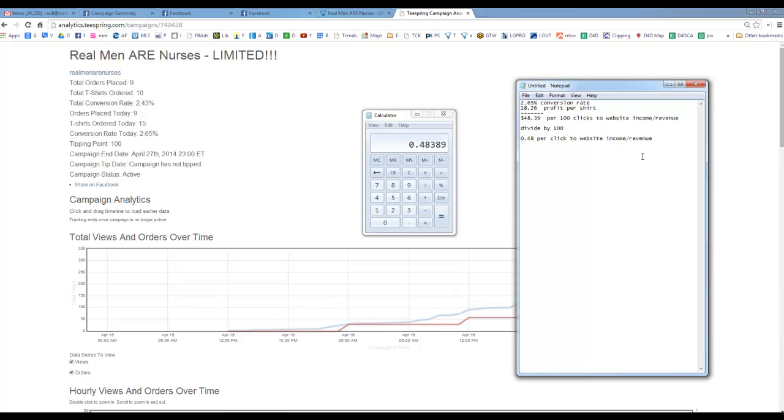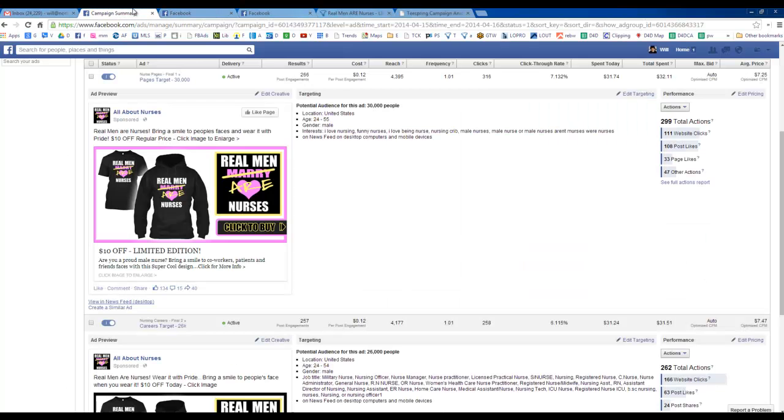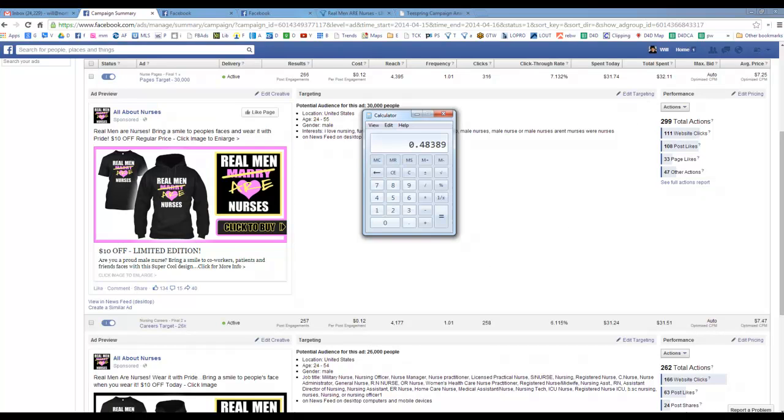Alright. So that means anything less than 48 cents that we're paying for our clicks is profit, right? So what did we say our clicks were? I think we said 18 to 20 cents. One of our ads was higher than the other. 3211 divided by 111 is 28 cents.